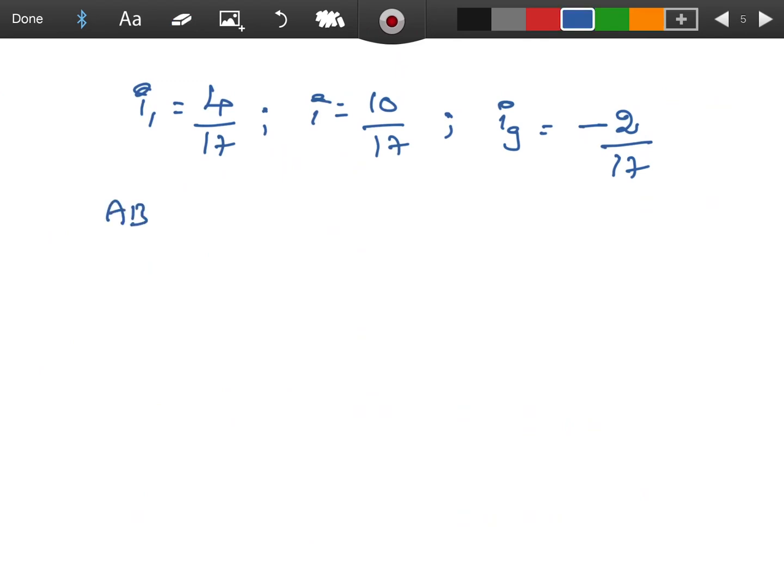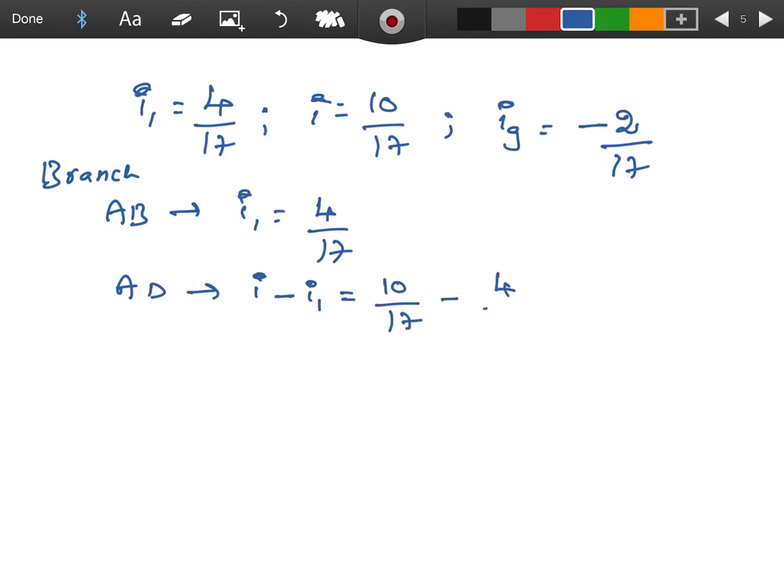In branch AB, current is I1, which is 4 by 17. But in the branch AD it is I minus I1, means I is 10 by 17, I1 is 4 by 17, which is 6 by 17 ampere. You need to write units also. Then what is the branch BD? BD means middle one. In BD it is Ig, which is minus 2 by 17.